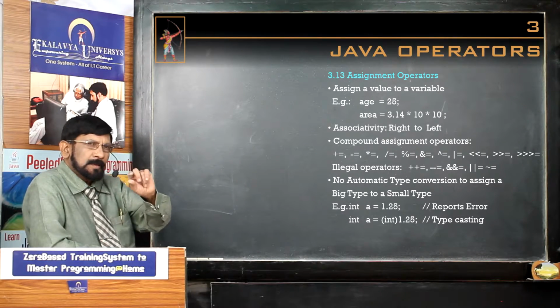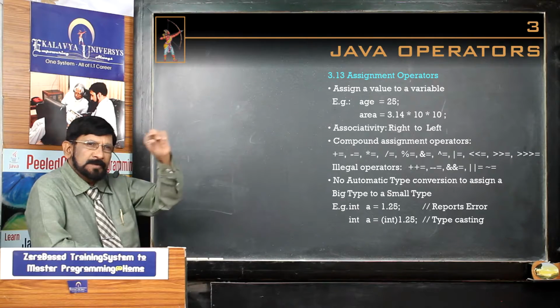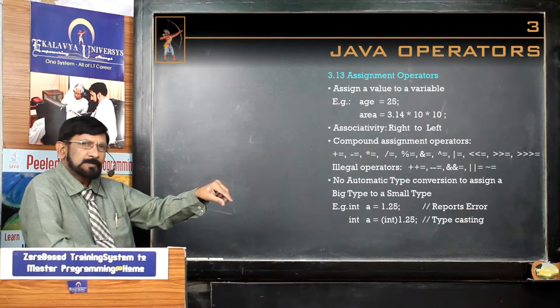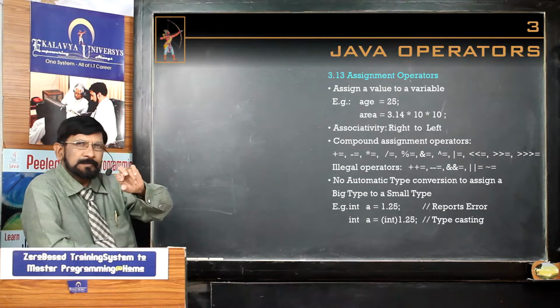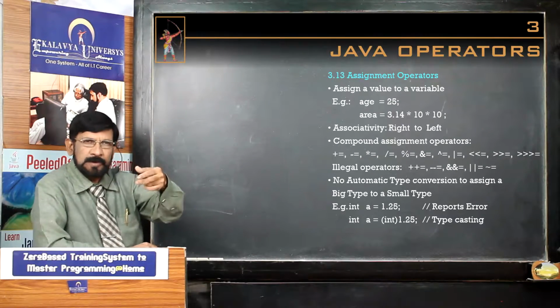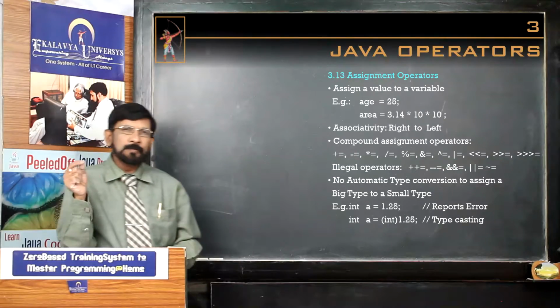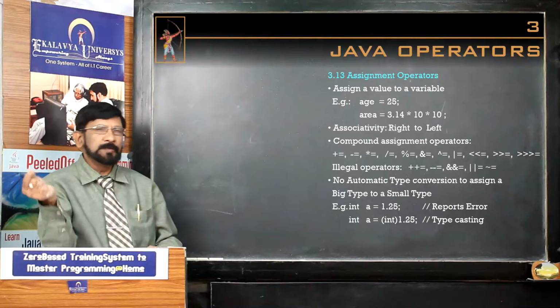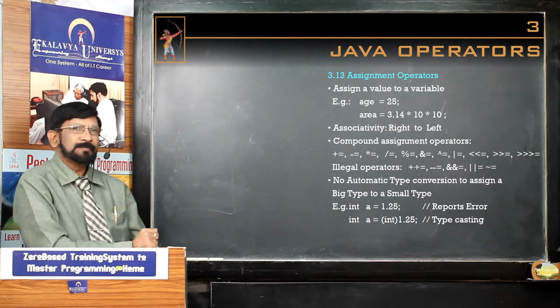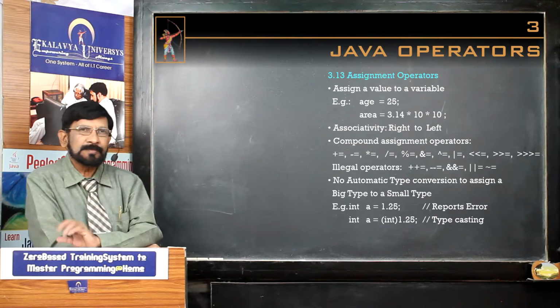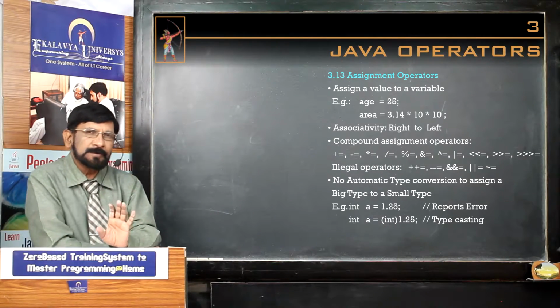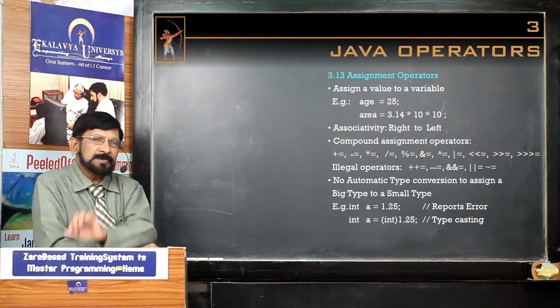Actually, if an inferior type is assigned to a superior type, the inferior type is first promoted automatically to the superior type and then assigned. But if you want to assign a superior type to an inferior type, it reports an error. There is no automatic type conversion. Explicit type conversion is required.